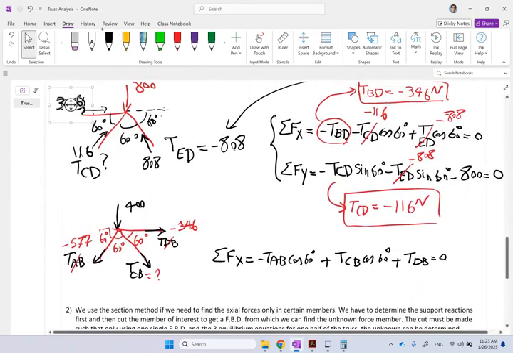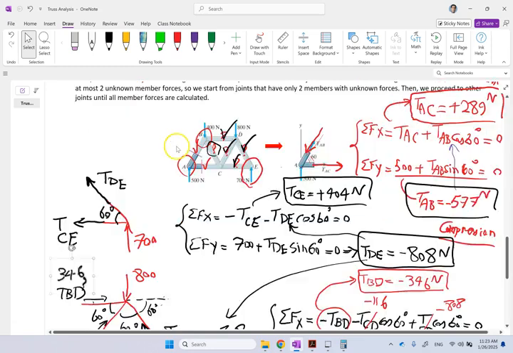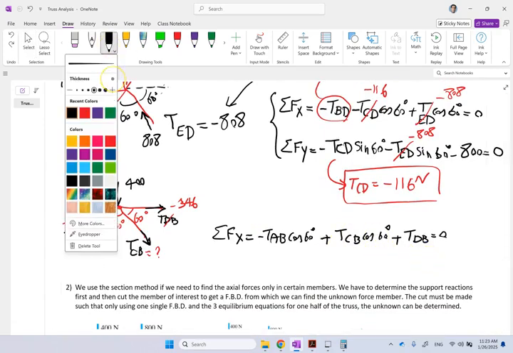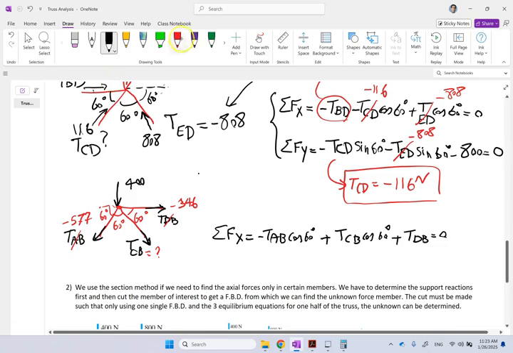So here is the joint, and now you can see that I can either use X or Y. It doesn't really make any difference in this case, and I rather use the X equation because it doesn't have this extra 400 in it. So that's what you have here.